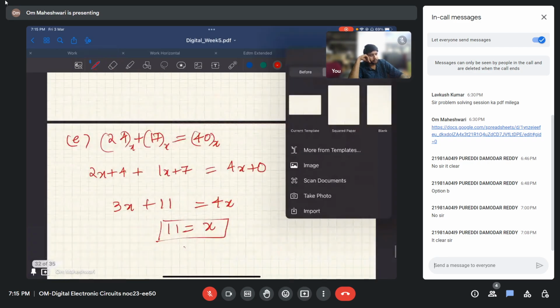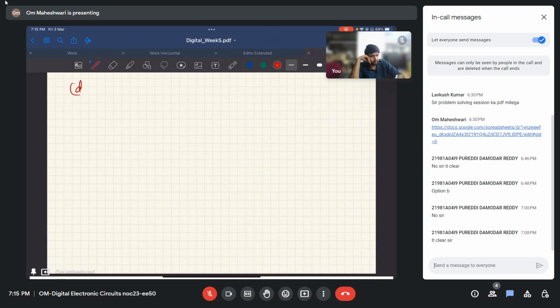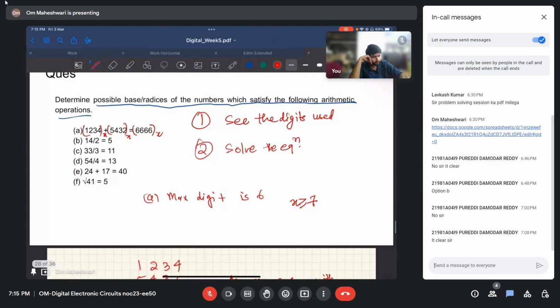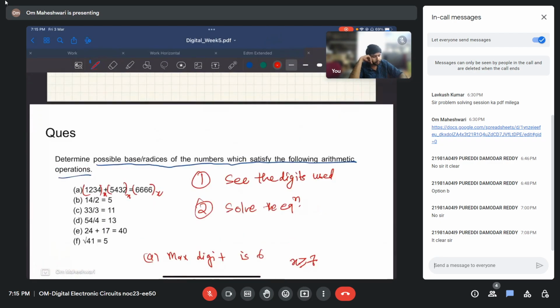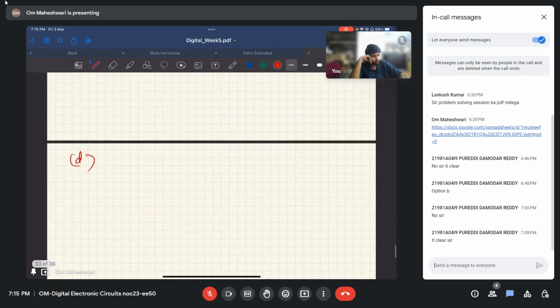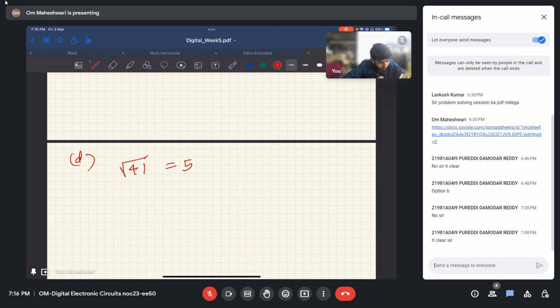And the last part for today is under root 41 is 5. Okay, good question. Under root 41 equals 5. Again we will write it with base x.